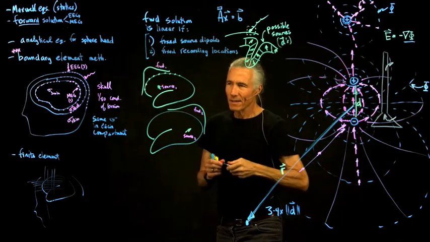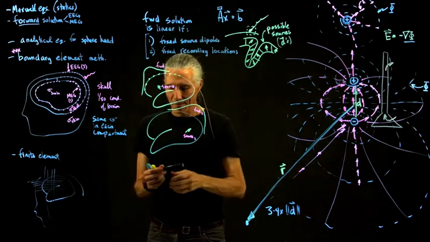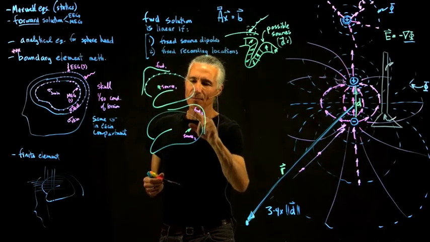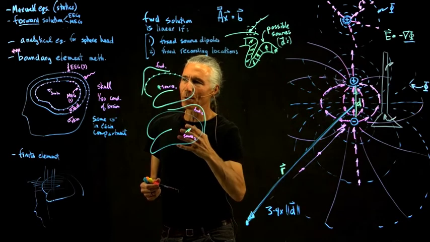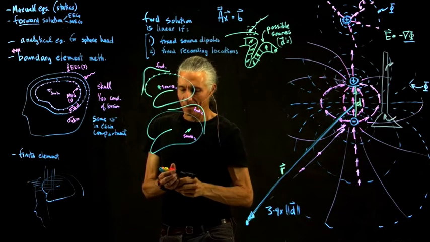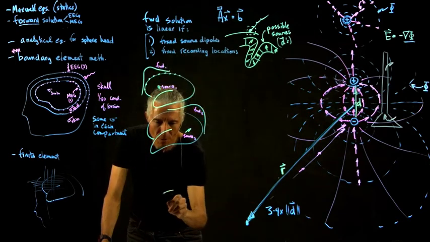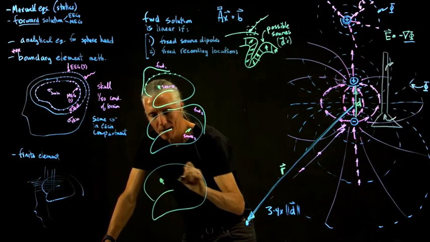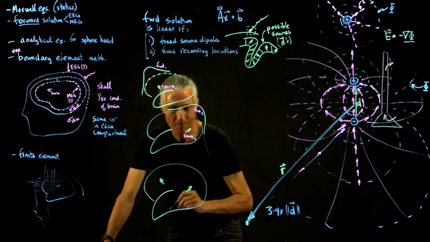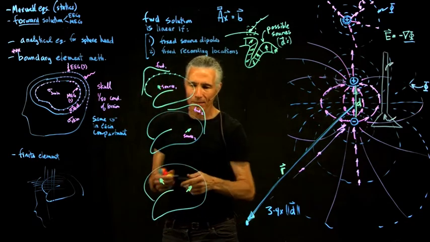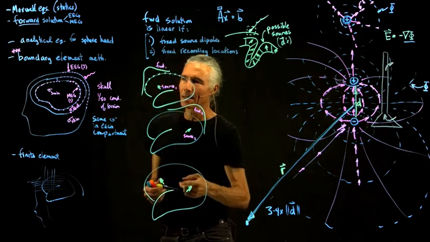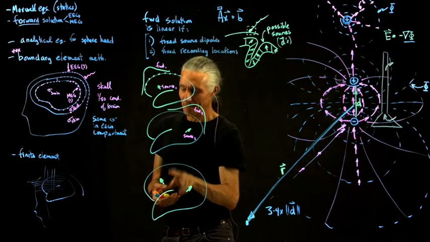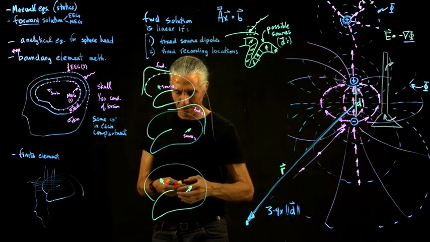So if things are linear, then we can predict what we would get if both were on. Here's a case where both were on. We turn on this one and this one at the same time. We can predict what we would get without having to solve this forward solution. That's the critical thing, why it's great that it's linear.